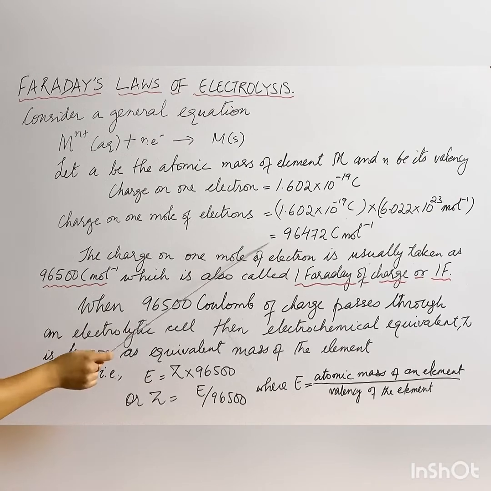So this is the product of the Avogadro's number and the charge of an electron. Usually, for simplicity, this number is written as 96500. So we can write 96472 or we can also write 96500. So this quantity is what we call a Faraday of charge and it's represented as 1F.